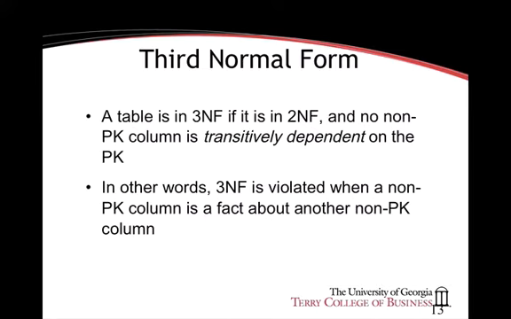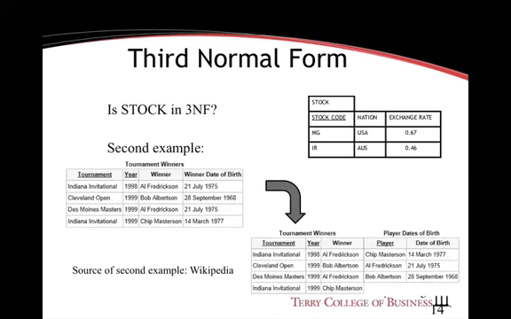The table is in third normal form when it is in the second normal form, and every column that is not the primary key is dependent on the primary key. Third normal form is violated when a non-primary key column is a fact about another non-primary key column. You can take a look at this example as well, but think about a student table with various details about the student, including their address.